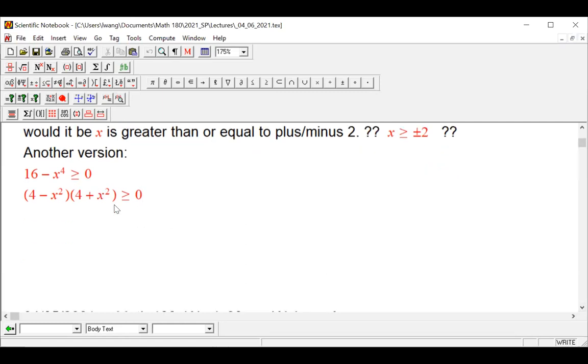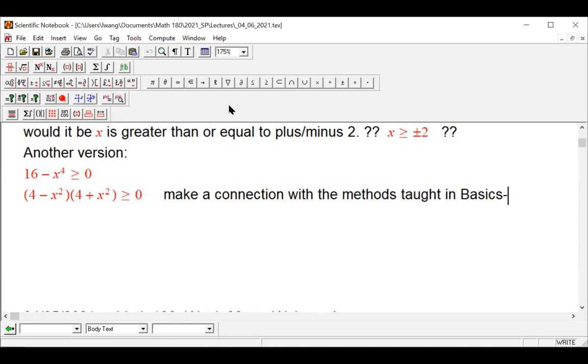The reason I want to present this version to you is because I want you to make a connection with the methods taught in basic 9. That's the connection I want you to make.